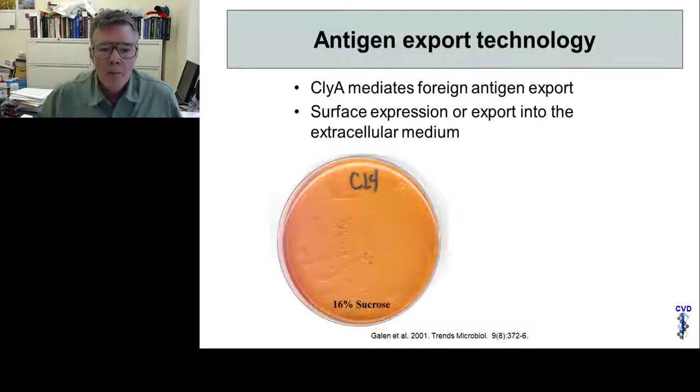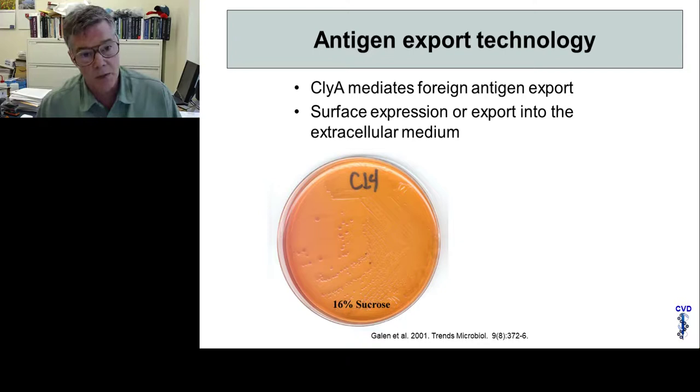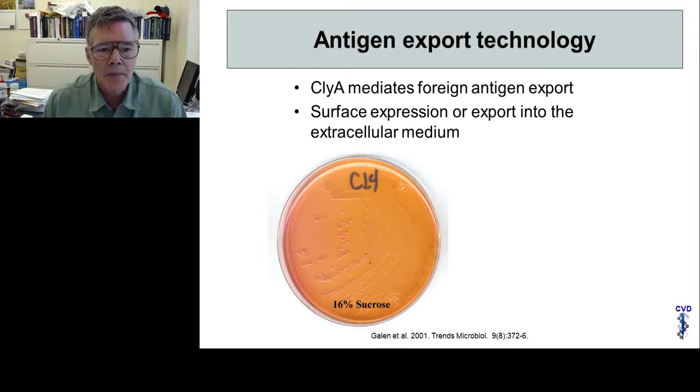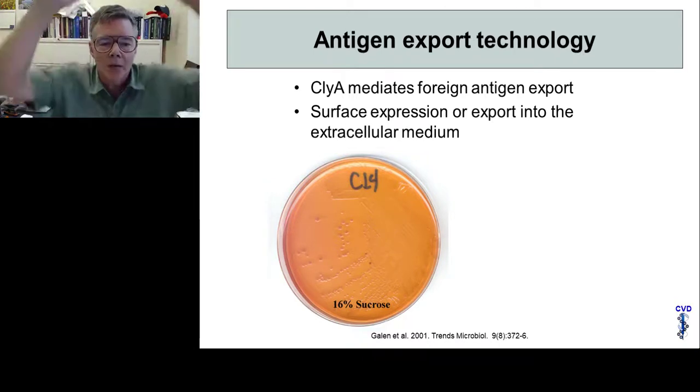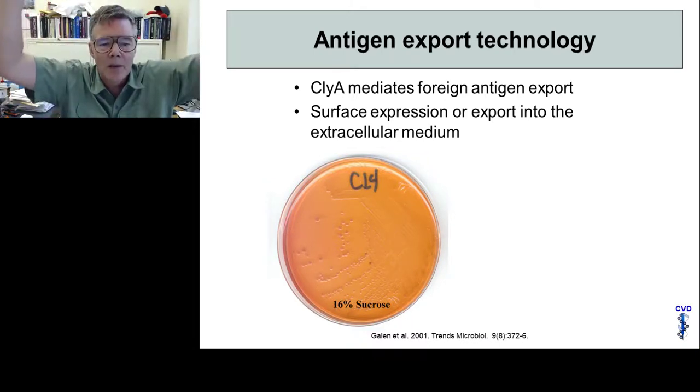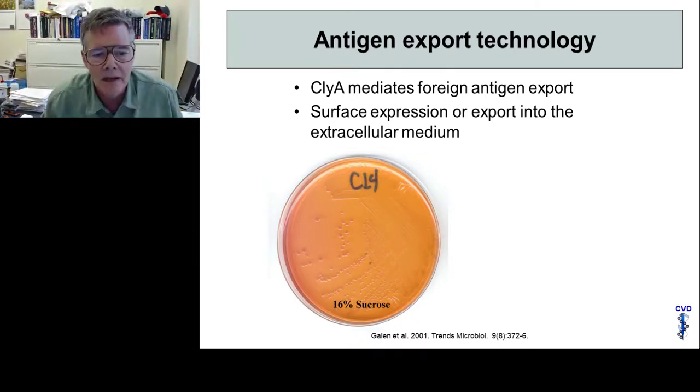But I gotta show you this slide because this is really cool. So we started working with a protein called ClyA. ClyA mediates foreign antigen export, and it can mediate either surface expression or outright secretion by outer membrane vesicles into the supernatant, the extracellular medium.